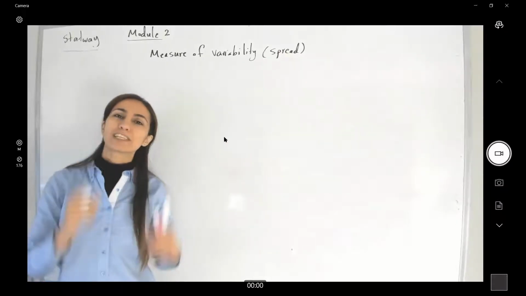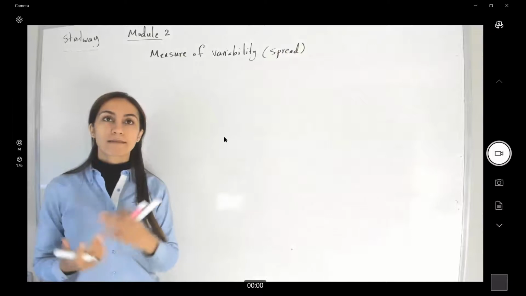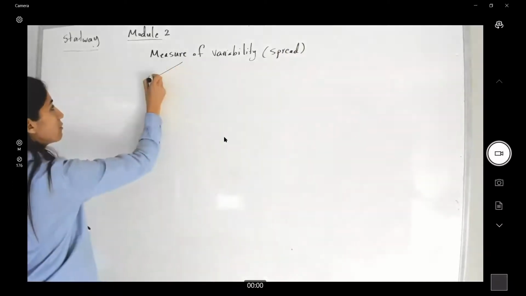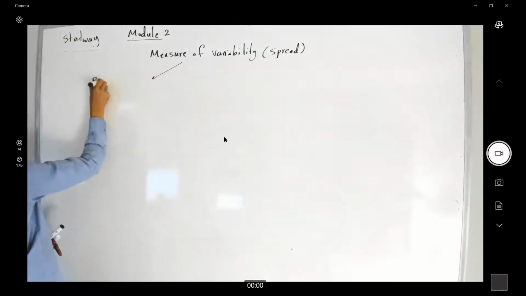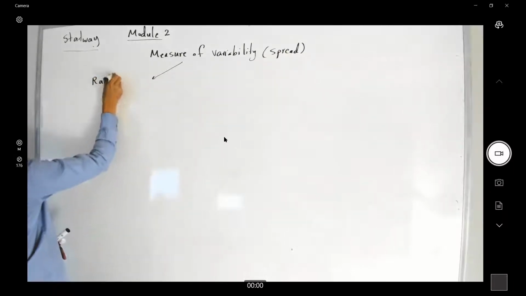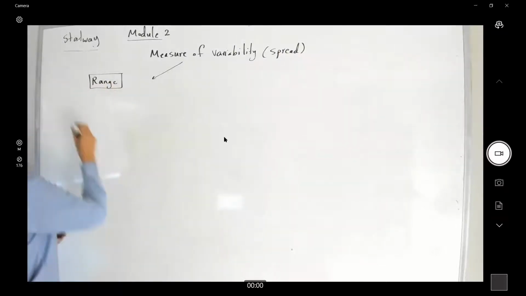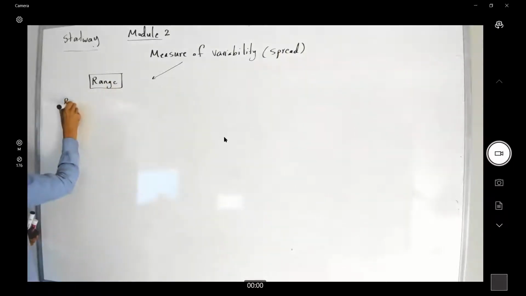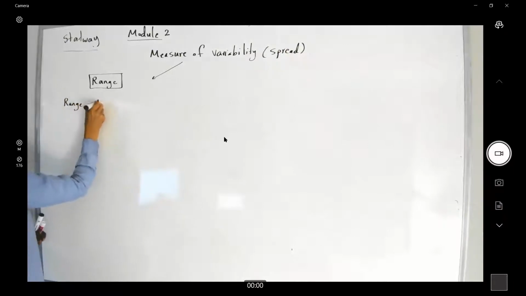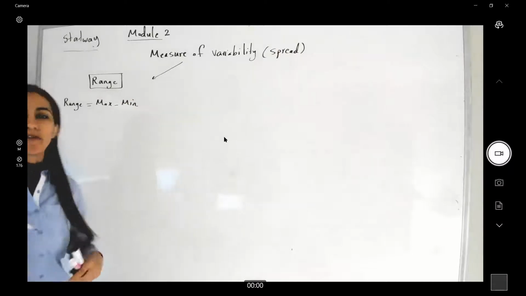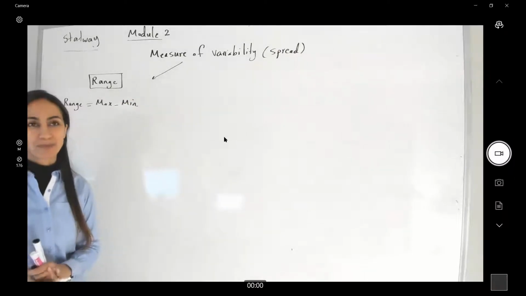We find the difference between them and we call it the range of the data. So the very first one is called range. How do we define range? Range is defined as the difference between the maximum value and the minimum value in your collection.